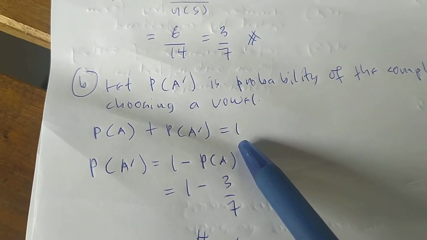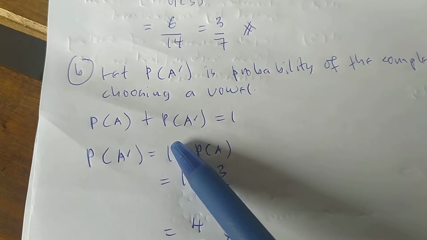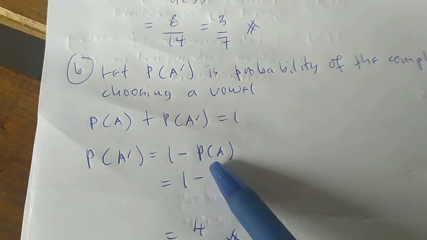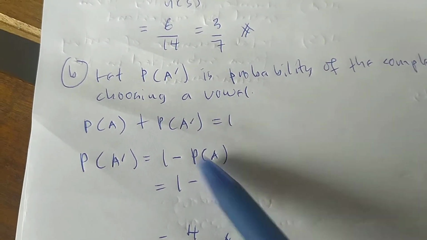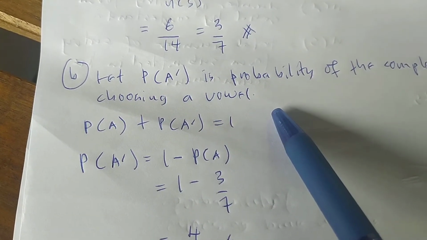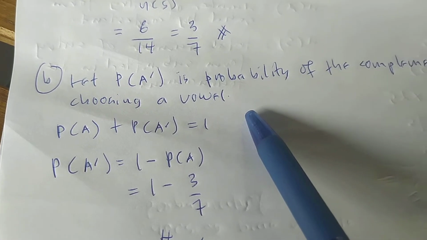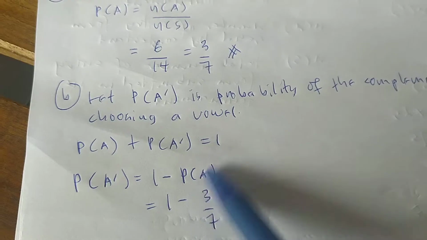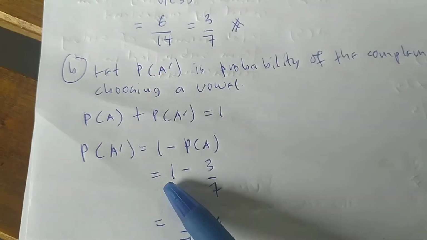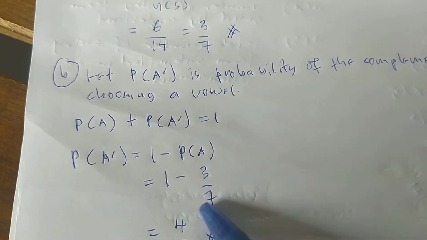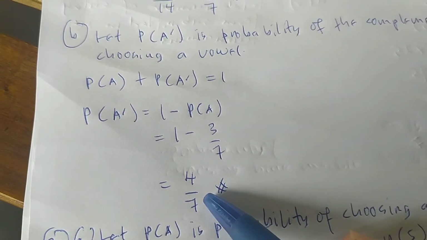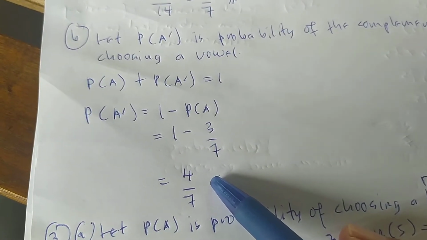From this formula, you find P(A') equal to 1 minus P(A). You bring P(A) to the right side, so it becomes minus. After that, you substitute the value for P(A), which is 3/7. So it is 1 minus 3/7, and we get the answer 4/7. This is the answer for question B.